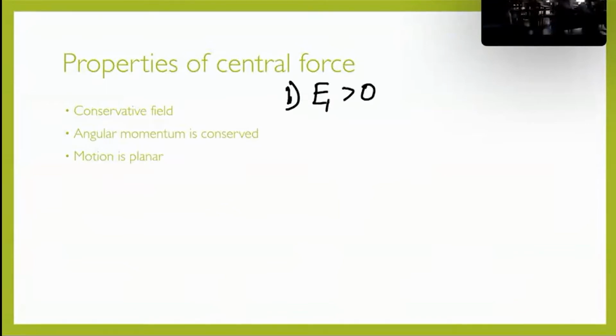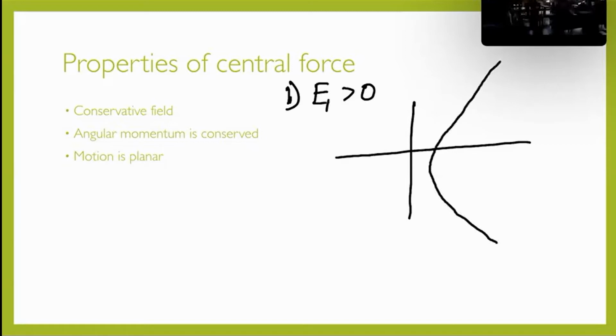Here, for E1, the energy is greater than 0. What you see is how you will be drawing this potential, kind of like this, a particle coming from infinity.